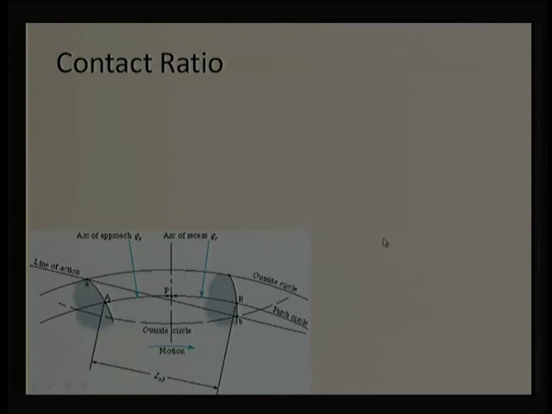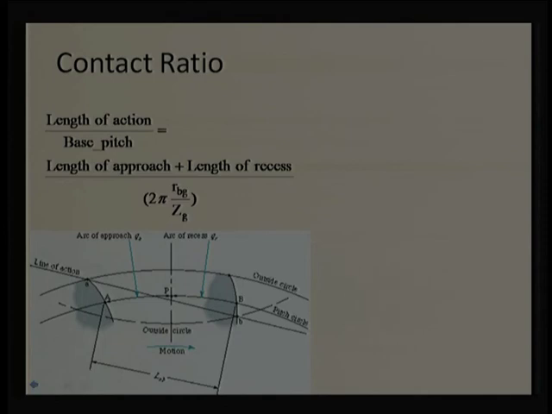If we know these angles, or we can estimate the arc length while they are coming under contact, then based on that we can figure out the contact ratio. In other words, contact ratio can be given by the length of action, the whole length of action, when they are in mechanical contact.